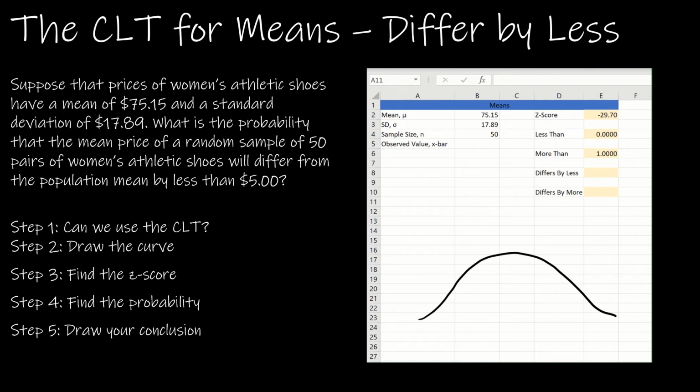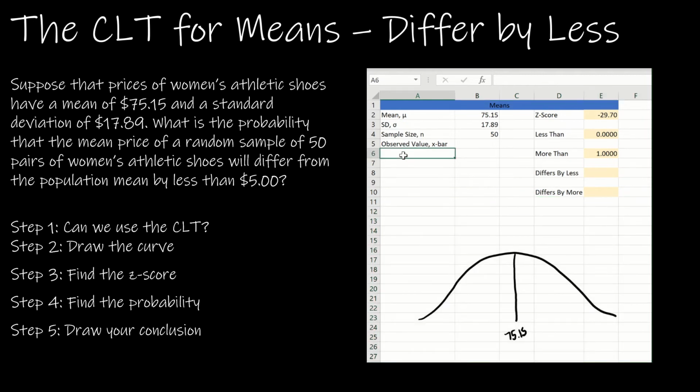And I'm drawing the curve. And again, I want to think about the fact that the center of the curve is 75.15 and that the standard deviation is 17.89. But again, the curve wouldn't be 17.89 because it would really be the standard error.